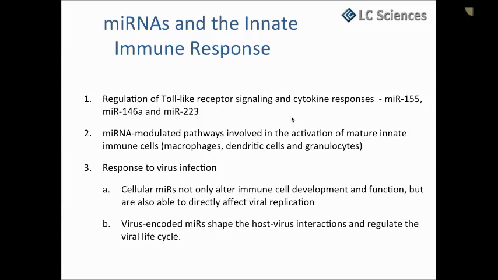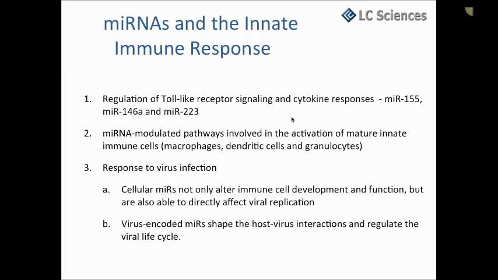If you look at the innate immune response, regulation of toll-like receptors, toll-like receptor signaling and cytokine response is important, and miR-155 that I already mentioned, 146 and 223 are playing a major role, as I just showed you on the slide.